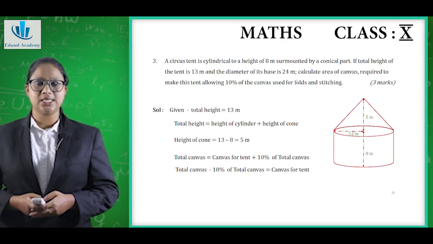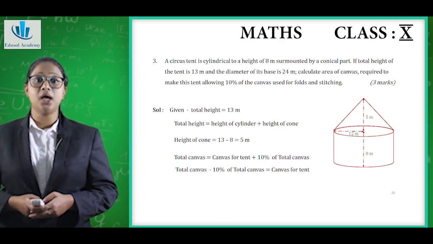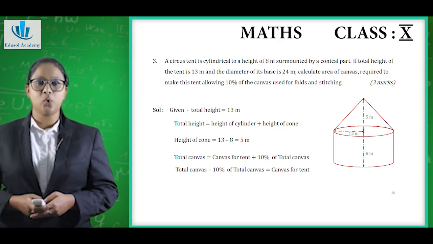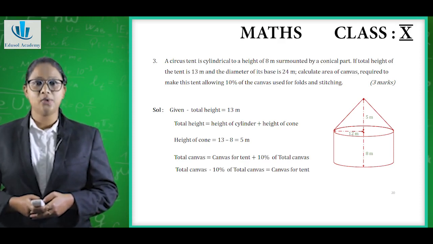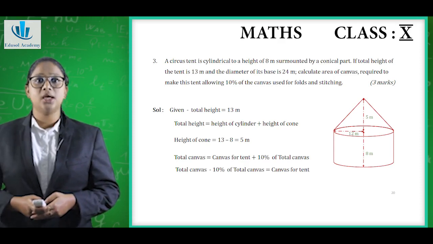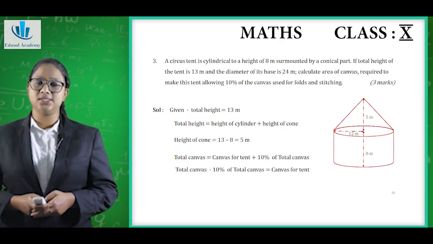A circus tent is cylindrical to a height of 8 meter surrounded by a conical part. If total height of the tent is 13 meter and diameter of its base is 24 meter, calculate area of the canvas required to make this tent, allowing 10% of the canvas used for foldings and stitching.